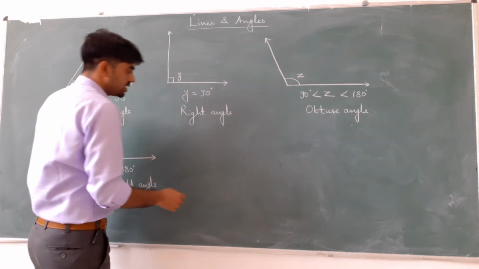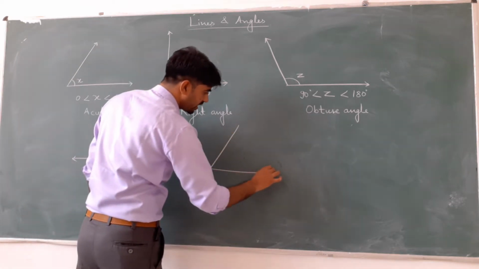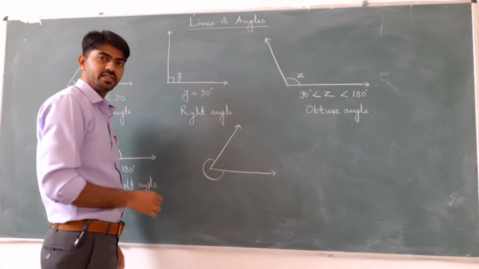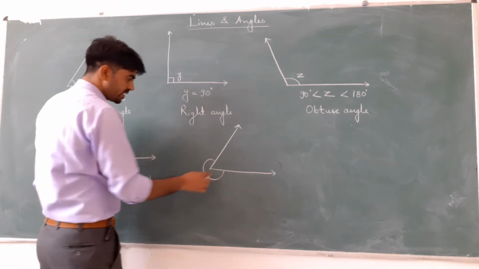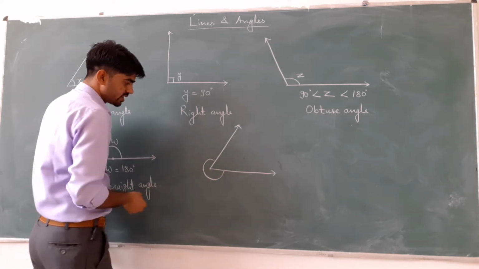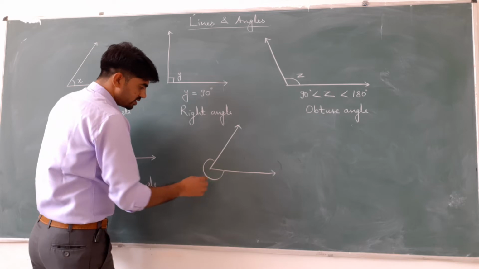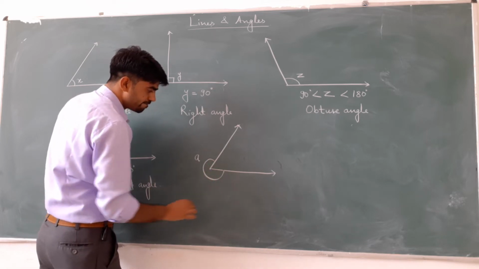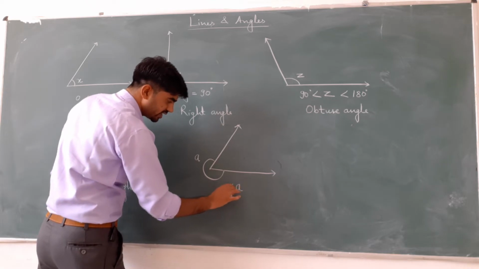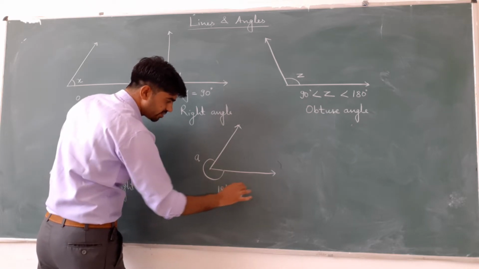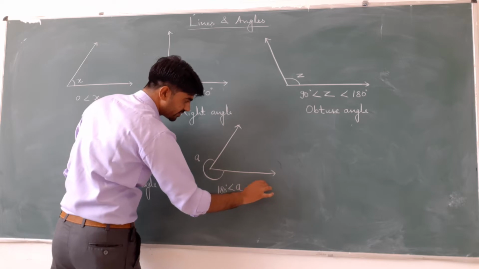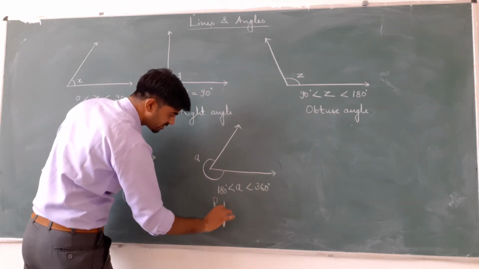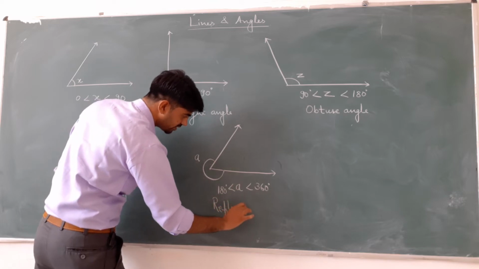Let us have another angle which is greater than 180 degree but less than 360 degree. Okay, this much. So this is called reflex angle. Suppose this is A. So A which is greater than 180 degree but less than 360 degree, this angle is called reflex angle.